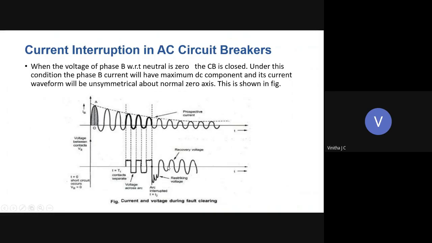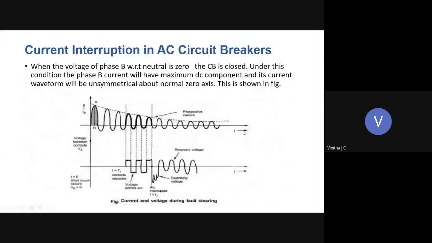After the clearance of the fault, the circuit breaker contacts are fully opened, and the voltage developed across the circuit breaker contacts is called the recovery voltage. During this instant, the current becomes symmetrical, that is, the magnitude of the fault current starts to reduce, and it will be in symmetric form. So this is the method by which the arc current is interrupted in the case of AC circuit breakers.